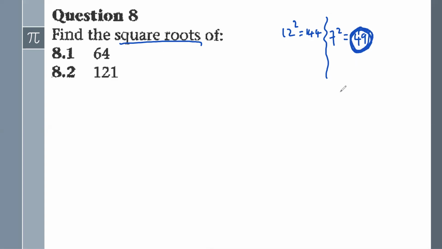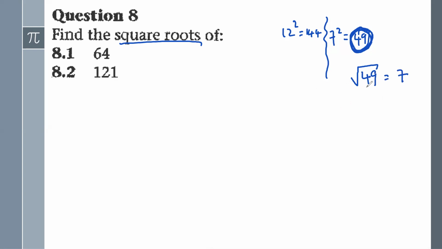That is the question. And the square root actually has a funny symbol like that. So this is what that's asking for. So then you will know, well, I multiplied 7 by itself to get 49. So the square root of 49 must be 7.